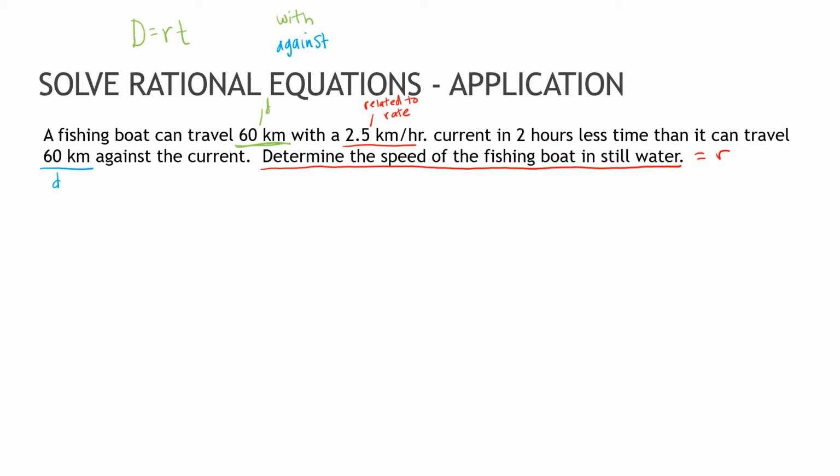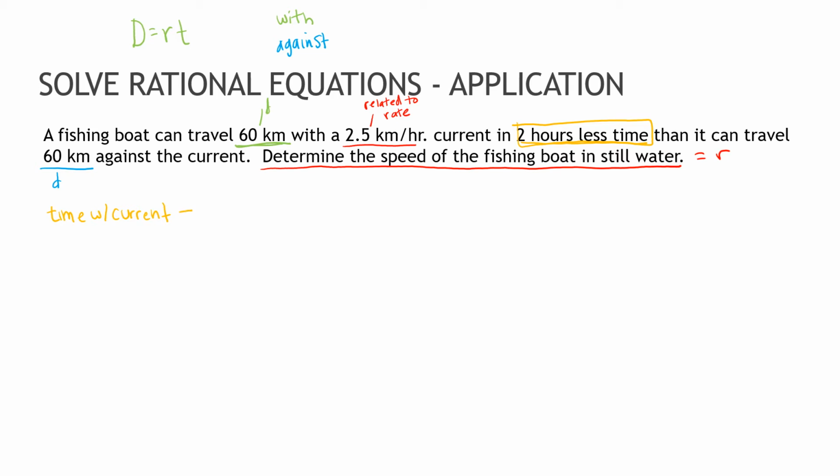So what else do I know? I know that the time with the current is 2 hours less time than against the current. So let's take a look at this yellow one for a minute and see if we can set up a relation between those two. We want to see how they're related to one another. So I know that the time with the current, I can do that in 2 hours less time.